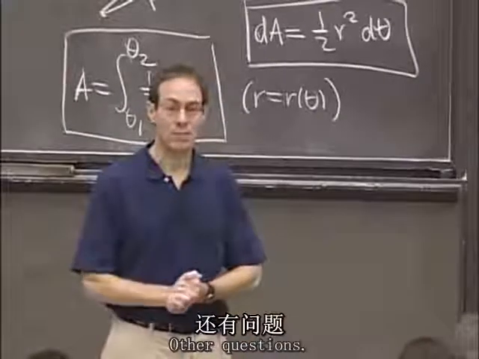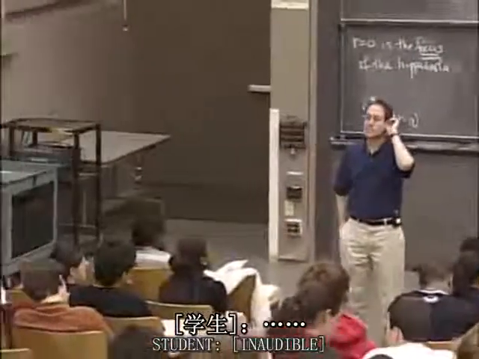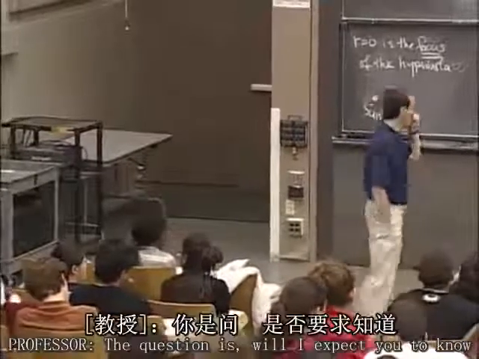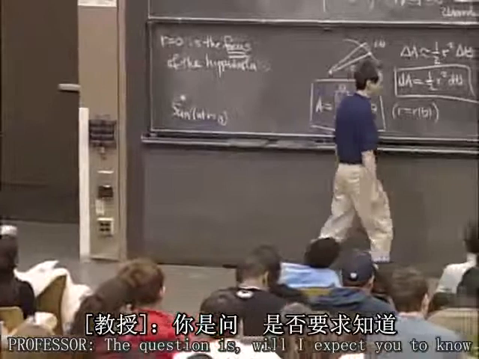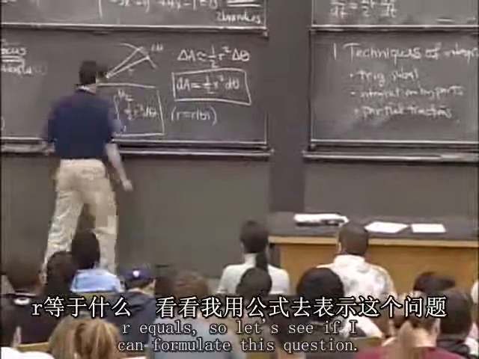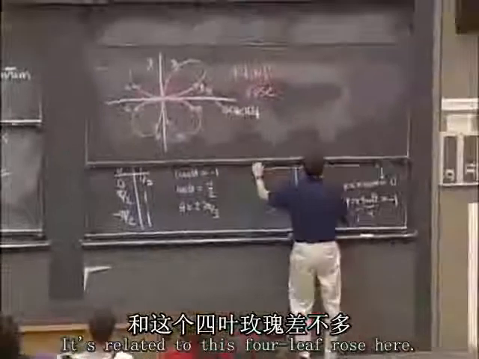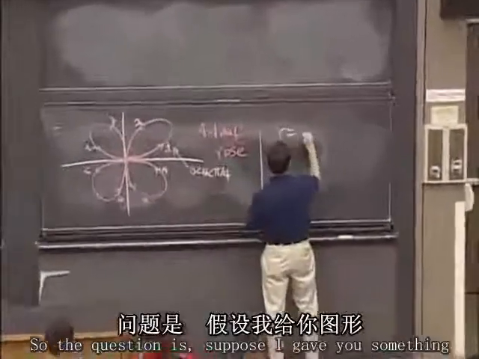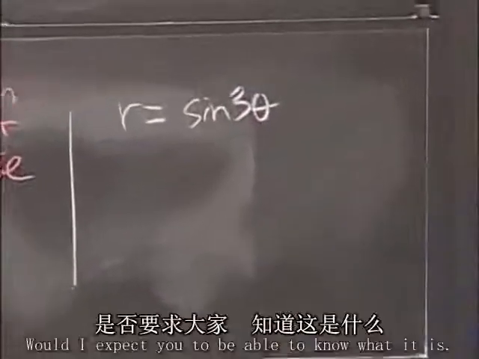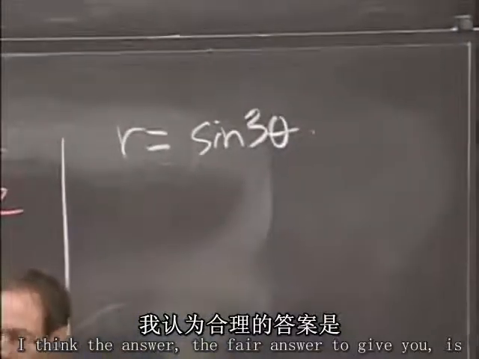Other questions? Do you expect us to know, for example, r equals 3 cosine 3 theta off the top of our head, or do we have to sketch it? The question is related to this 4-leaf rose here. Suppose I gave you something that looked like this. Would I expect you to know what it is?